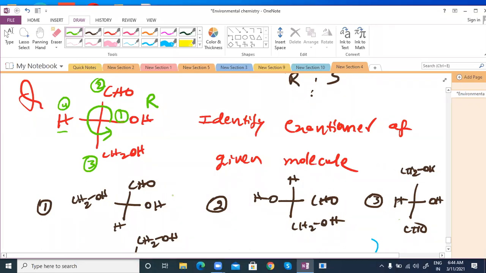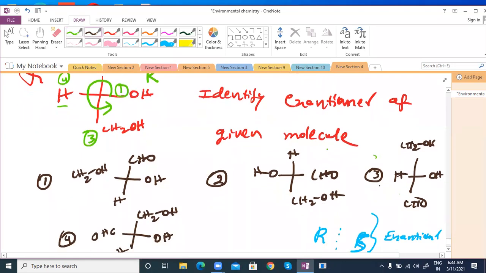Third one is, okay. We have to write RS nomenclature first. Priority 1, second also 2, 3, 3, 4. So which direction is it? Anti-clockwise, and the least priority is on the vertical line.